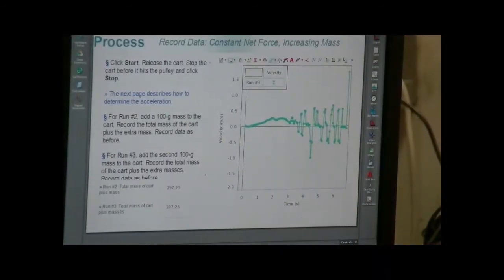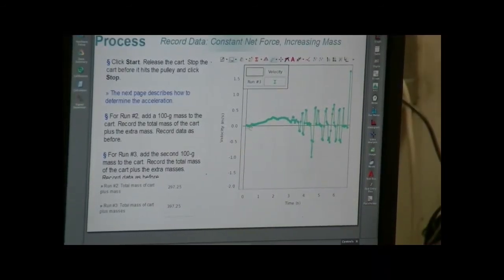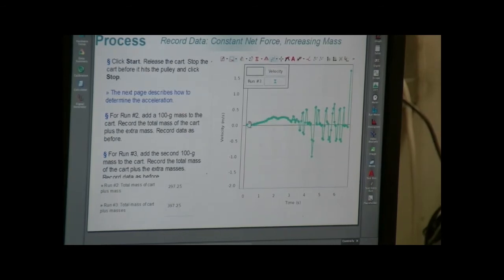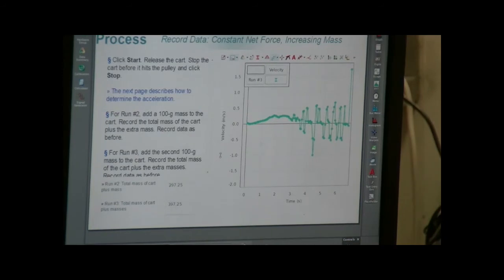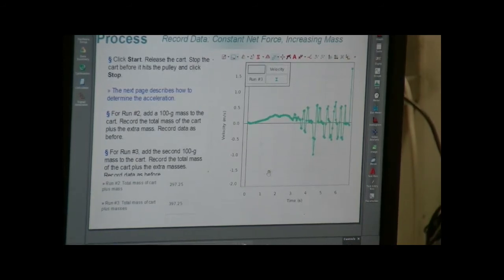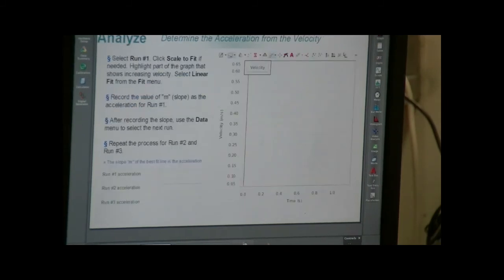Okay, so even though the run wasn't necessarily perfect, we still have this linear increase in our velocity that we can use to calculate the acceleration, even though the cart got a little stuck due to the added mass of it. So we're just going to go ahead and use that. So if we go on to measure our acceleration like we did in the first part, we'll select our data set.